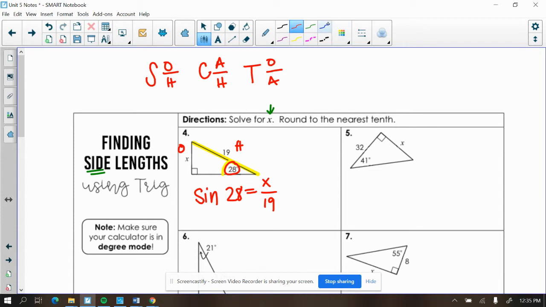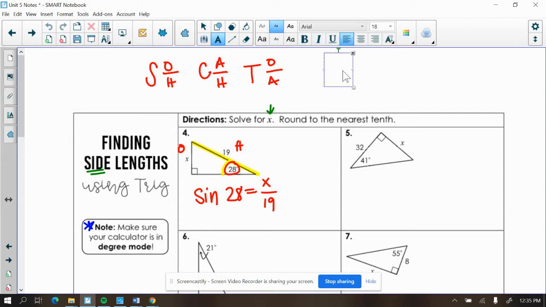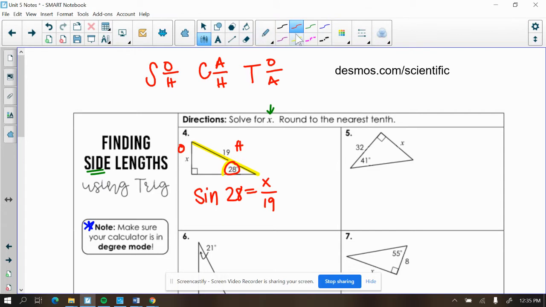Okay. So when we're doing this, we're going to need to use the calculator. So right here, the note says make sure your calculator is in degree mode. So what calculator we're using is you are going to go to desmos.com/sign-in. Okay, so we want to make sure we have that pulled up on the side when we're working on these so that we know that we can plug these in.